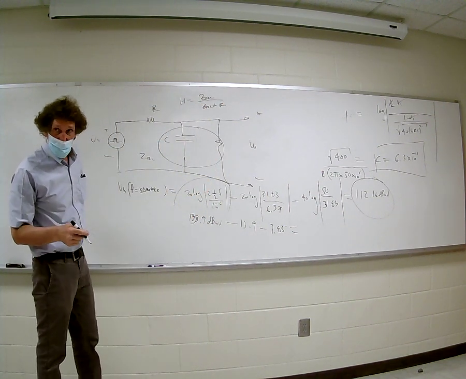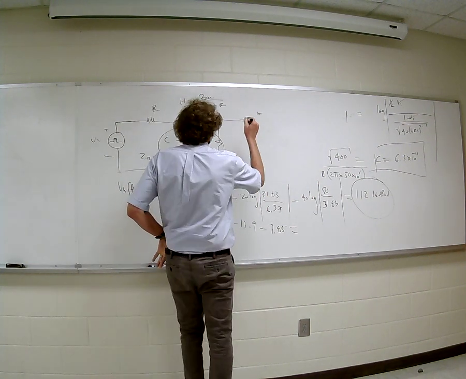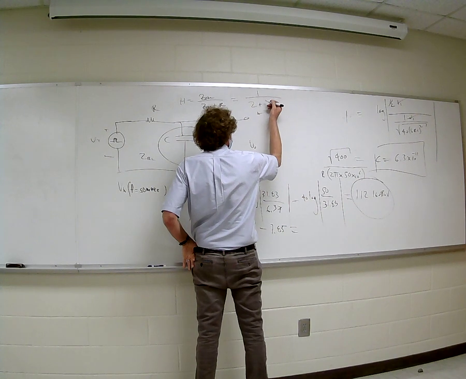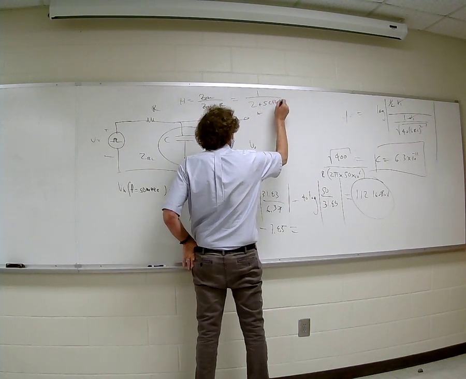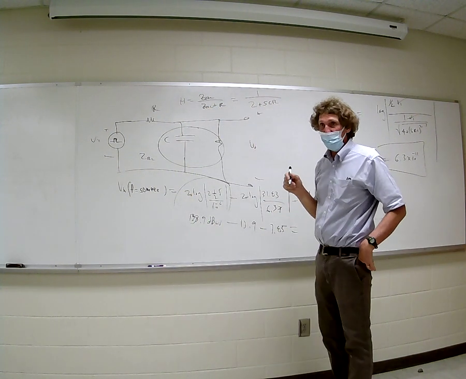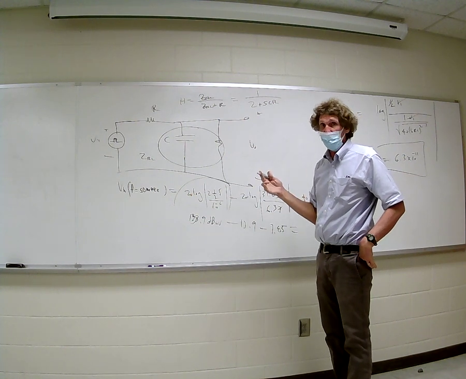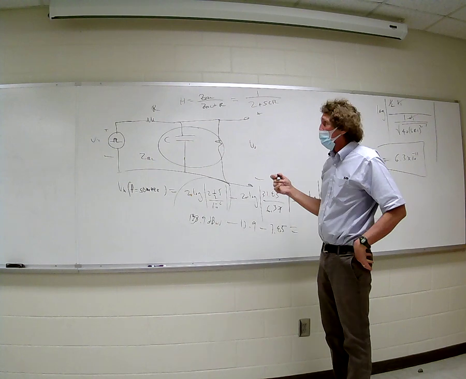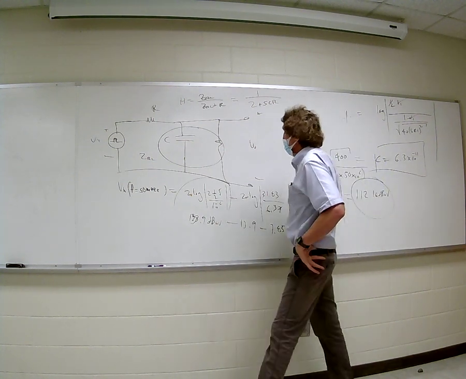Then I divided top and bottom by ZRC, and I ended up with 1/2 plus SCR. I'm just going through this to make sure everybody's clear. Remember me doing this? And then I replaced S with J omega, right? And then I got the magnitude of this.